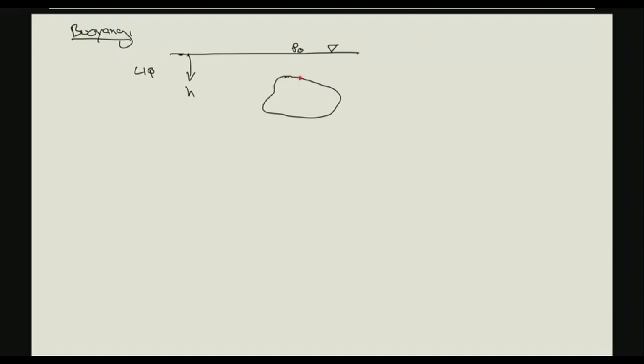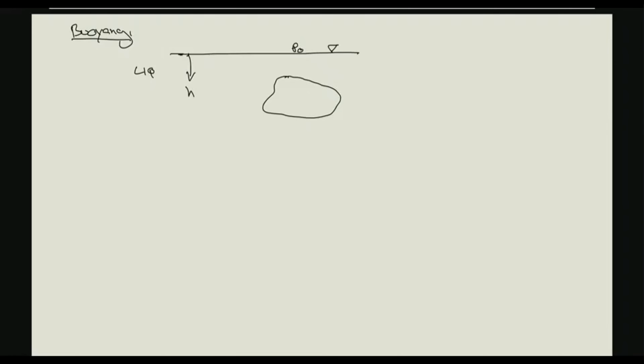At the top surface of the object you would have a lower pressure than the bottom. So there's a higher pressure at the bottom than the top. If you integrate the pressure over the surface, there would be a net pressure force upwards, and that's the buoyancy. So let's consider this net upward vertical force, that is buoyancy.